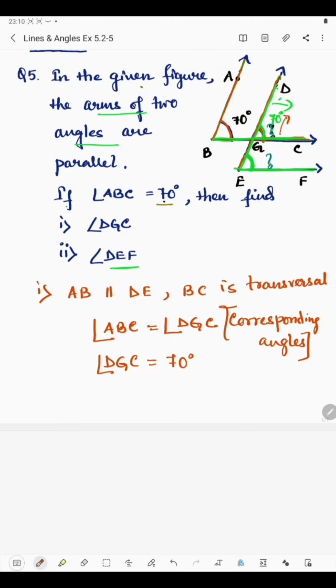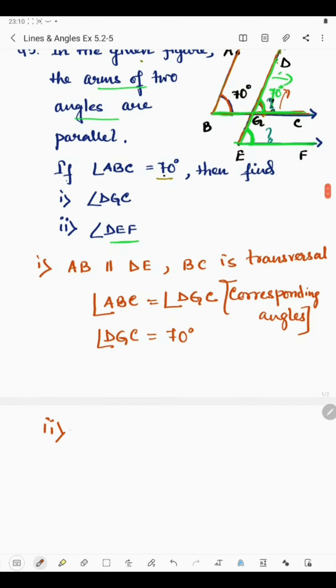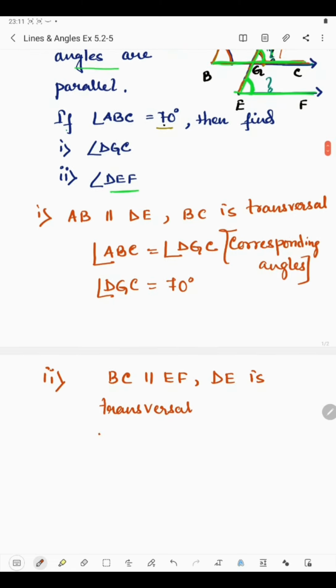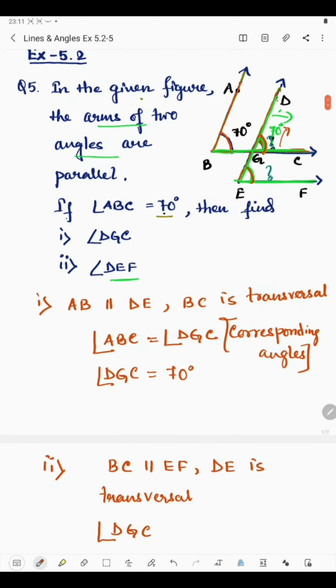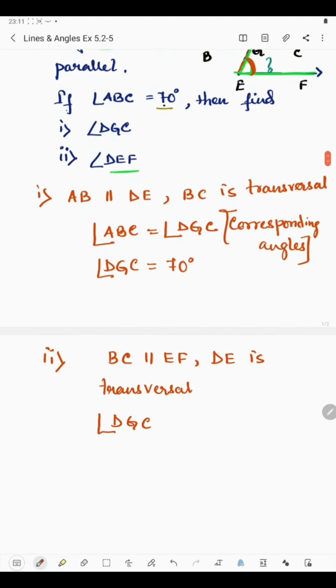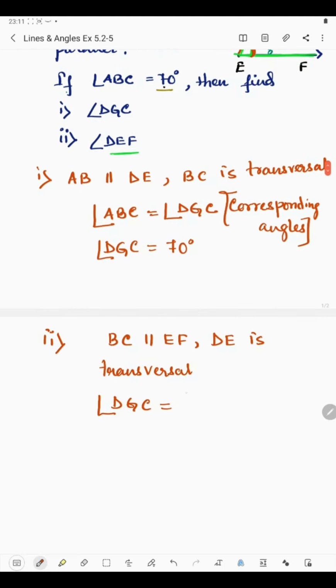Now we'll write, BC and EF are parallel and DE is transversal. Now DGC angle, that means this angle and this angle, are corresponding angles. So DGC is equal to DEF as these are corresponding angles.